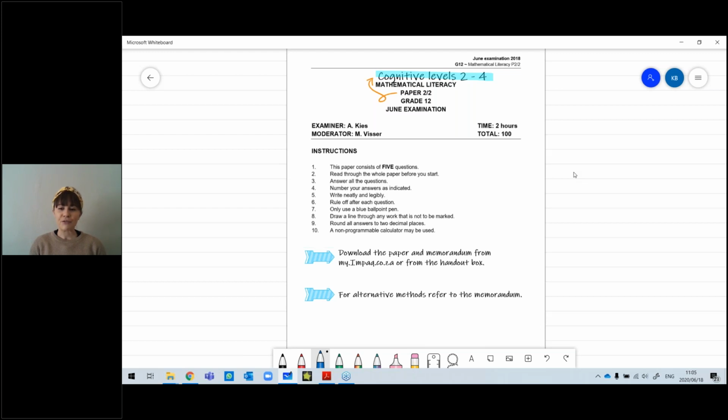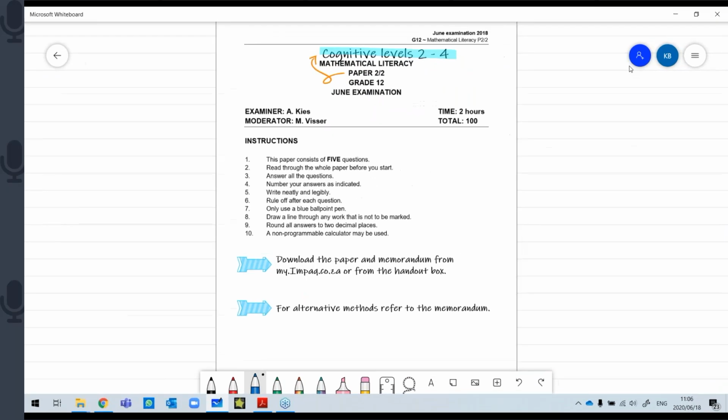Before we get started, I am going to switch my webcam off so that we can use the entire screen for solutions and calculations. It's also just going to make the exam paper a little bit bigger so that you can read along with me.